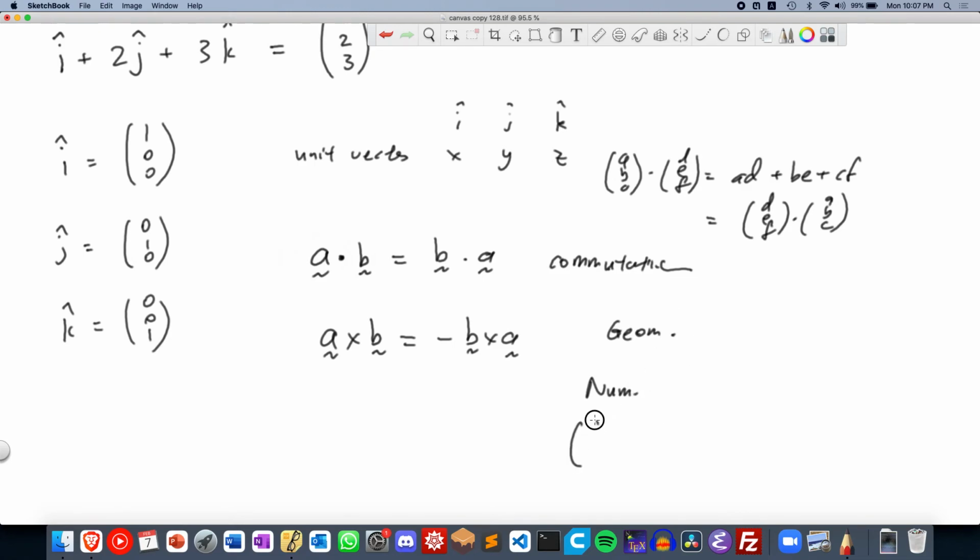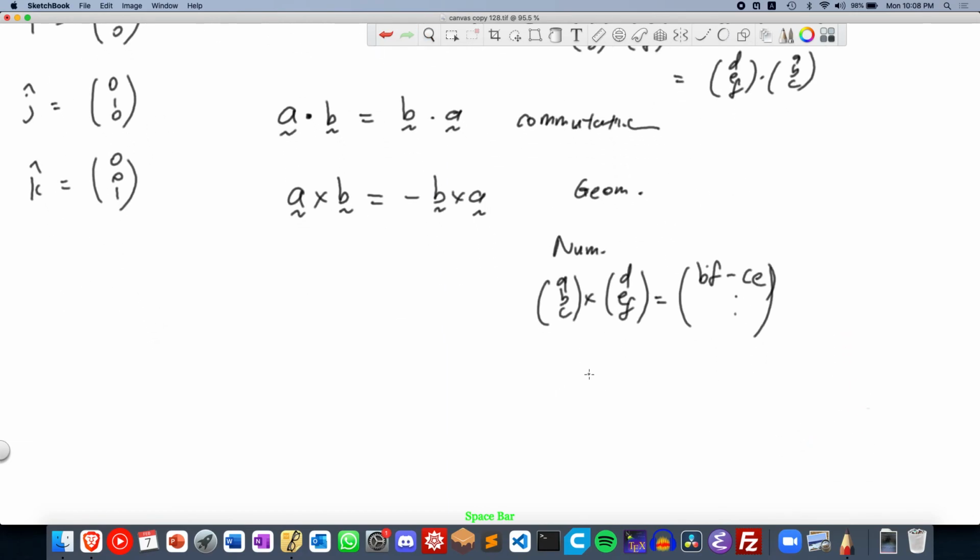If you have a b c cross d e f, you have b f minus c e, and the other two I won't write. But if you have d e f cross a b c, then you have instead e c minus b f, which is the negative of the above. So that's the way you can see it numerically.